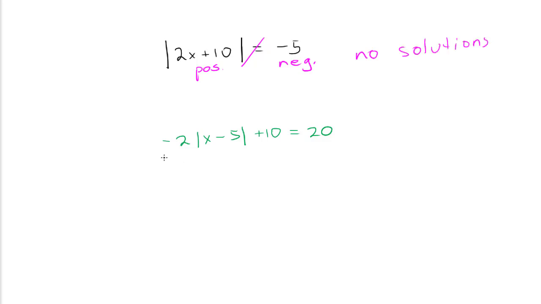Secondly, what if I had minus 2 times the absolute value of x minus 5, plus 10, equals 20? A lot of students might try to jump right into the algebra and take a positive case and a negative case right here. They'll say minus 2 times x minus 5 plus 10 equals 20 and try to solve that. And then in the negative case, minus 2 times x minus 5 plus 10 equals negative 20.